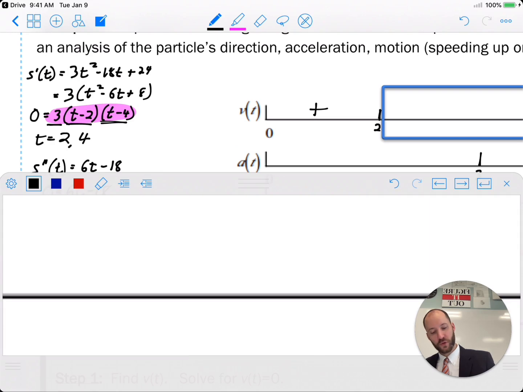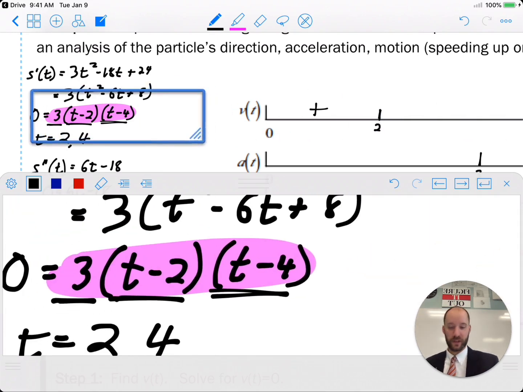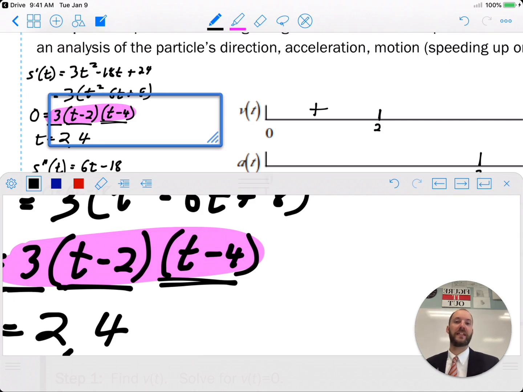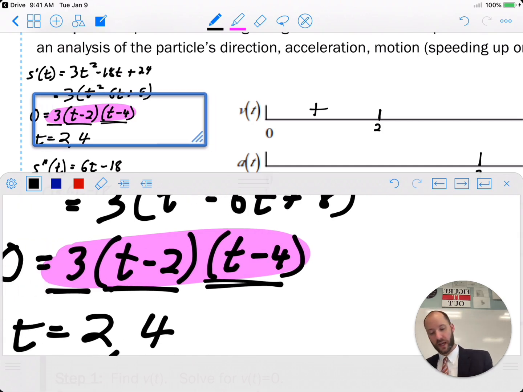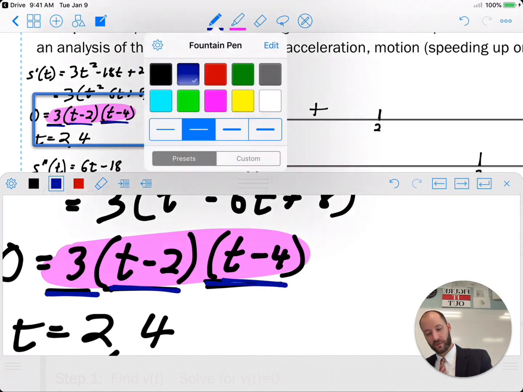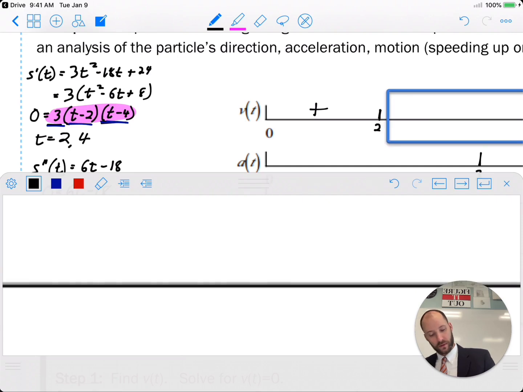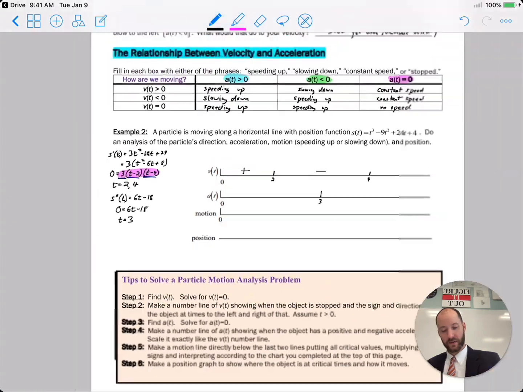So from 2 to 4, let's plug in 3. So 3 positive, times 3 minus 2, that's positive, times 3 minus 4, that's negative. So positive times a positive times a negative. So from 2 to 4, velocity is negative.